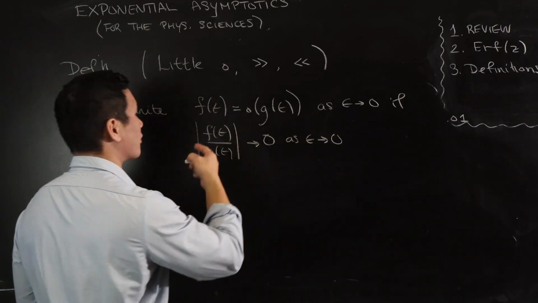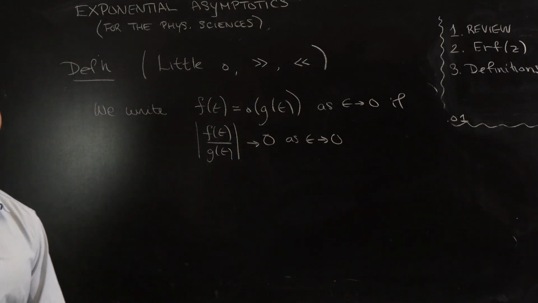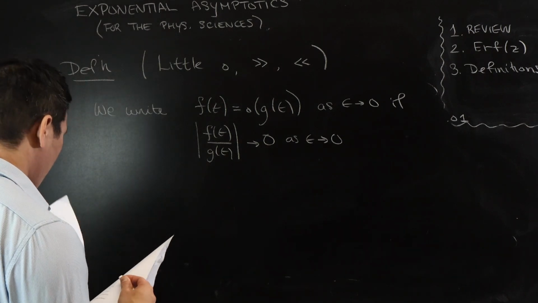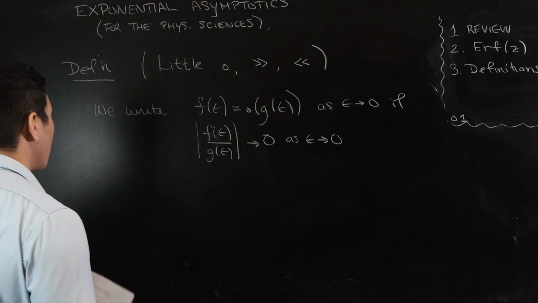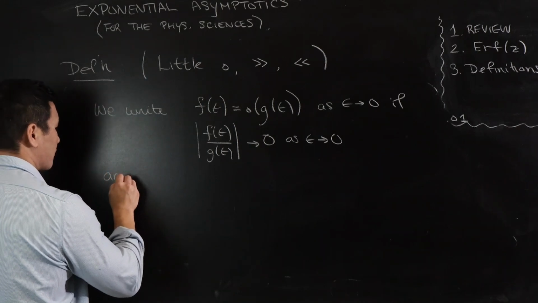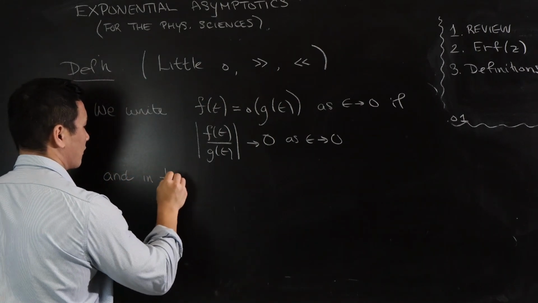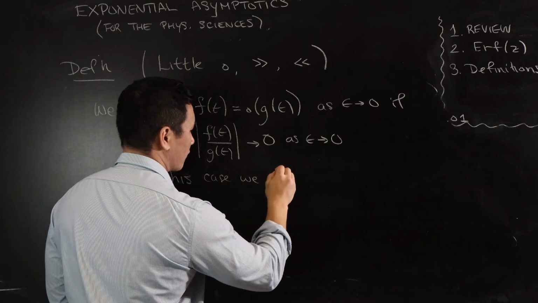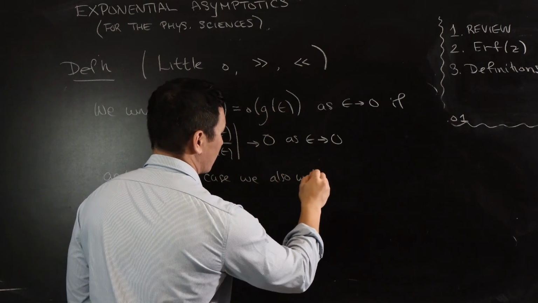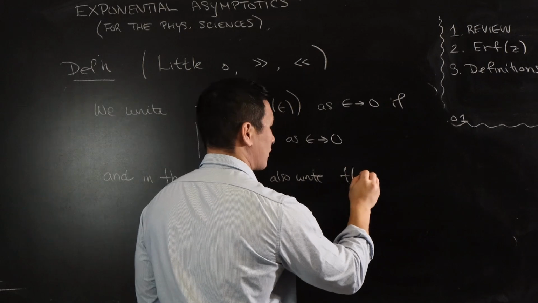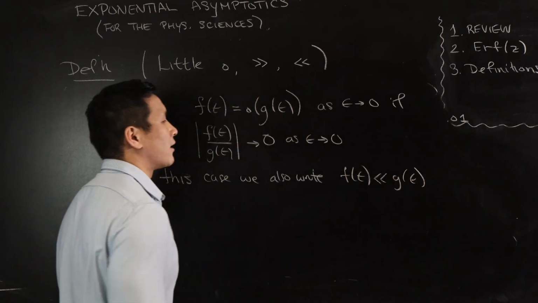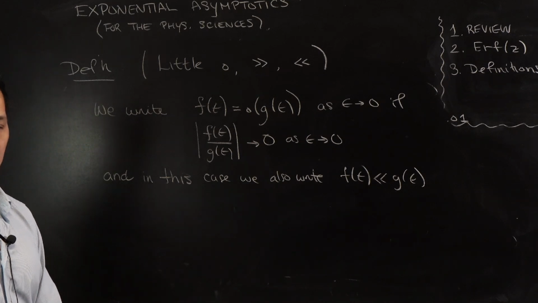So the numerator goes to 0 much faster than the denominator. And in this case, we would also write that f of epsilon is much less than g of epsilon, again in that limit of epsilon tending to 0.